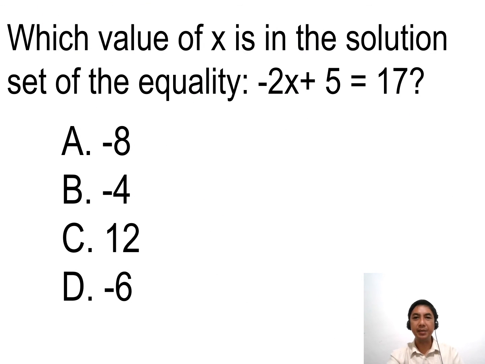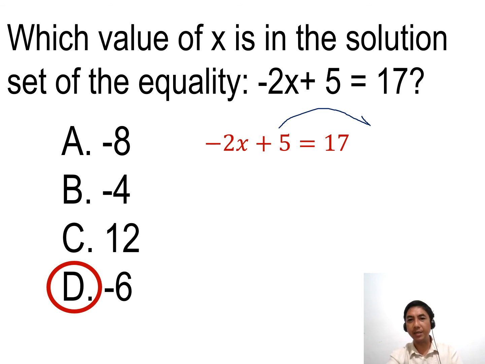Which value of x is in the solution set of the equation negative 2x plus 5 equals 17? So, ito, madali lang ito. Answer here is letter D, negative 6. So, just copy negative 2x plus 5 equals 17. And you transpose 5 to the other side. So, from positive 5, dapat magiging negative 5 siya.